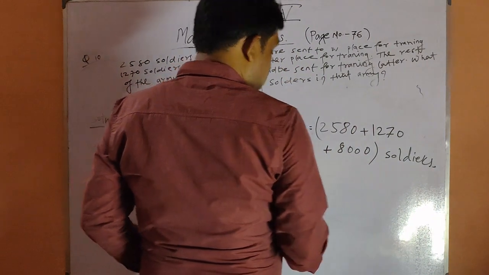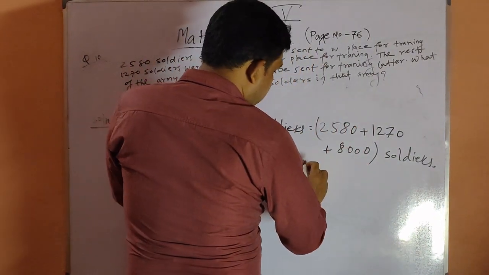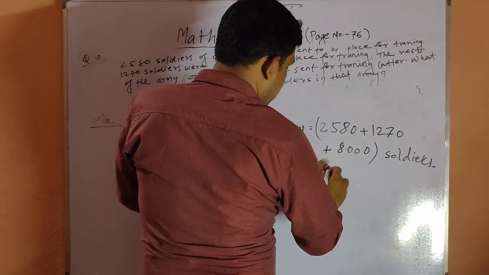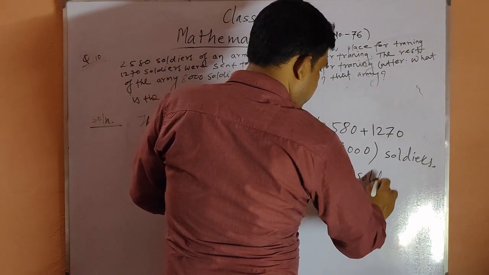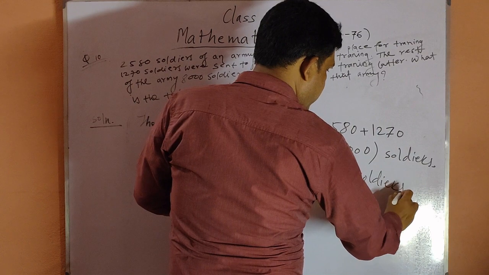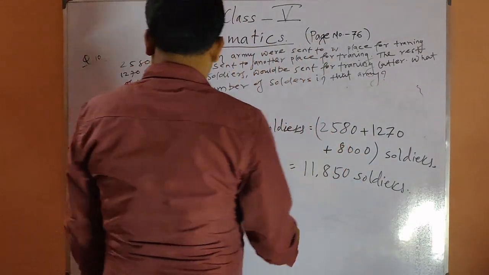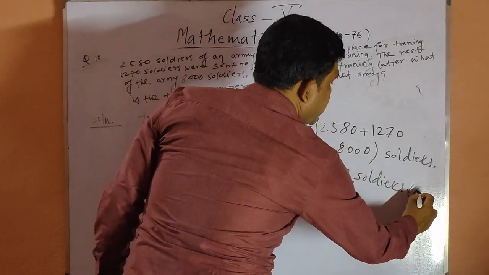If you add all this, you will get 11,850 soldiers. Okay, this is the answer.